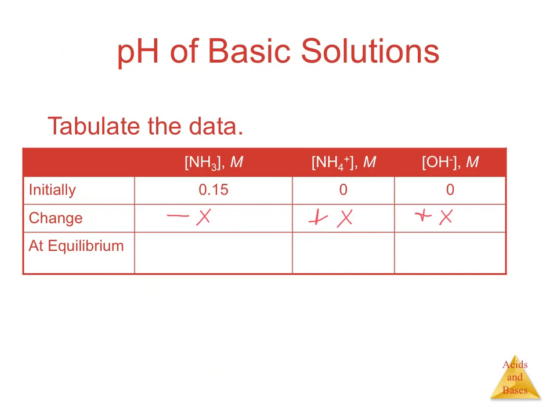So at equilibrium, I'm going to have 0.15 minus X. And again, since the K is small, I'm going to use the approximation and say that that's equal to 0.15. I have to make sure I go back and check, and then I'll have X and X over here.